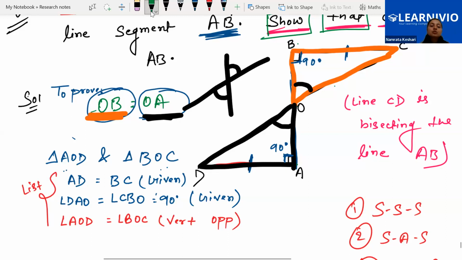Now, what I said to you, just get back to your triangle, any one triangle, either the orange one or the black one, and mark everything you have written in your list.